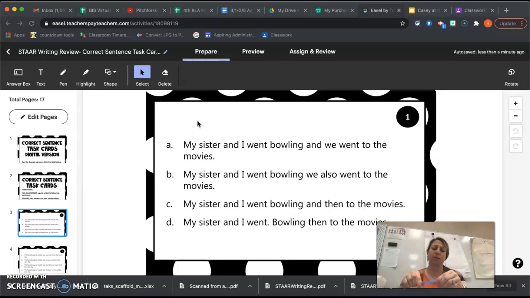So the first thing we have to learn is that sentences have fragments. Sometimes sentences are what we call fragment sentences, and that means it's not a complete thought. Either it's missing the subject, or it's missing the predicate, the action part of the sentence, or it's missing the who.